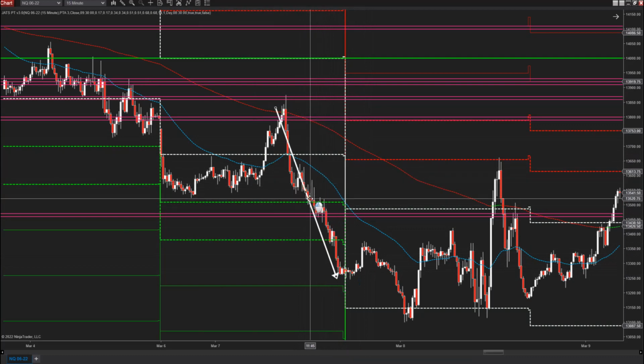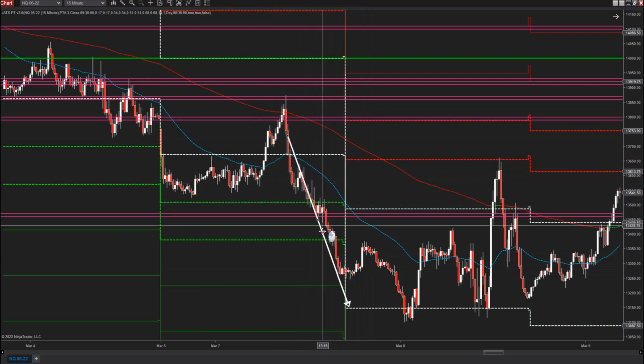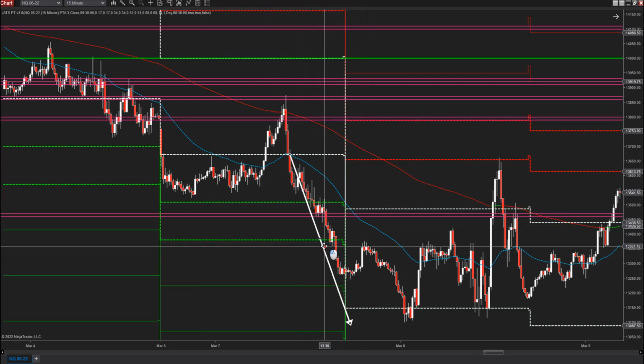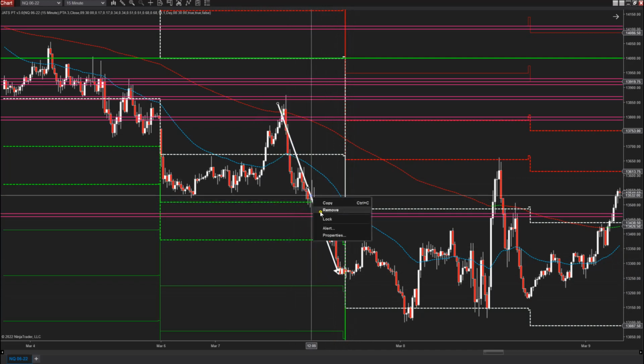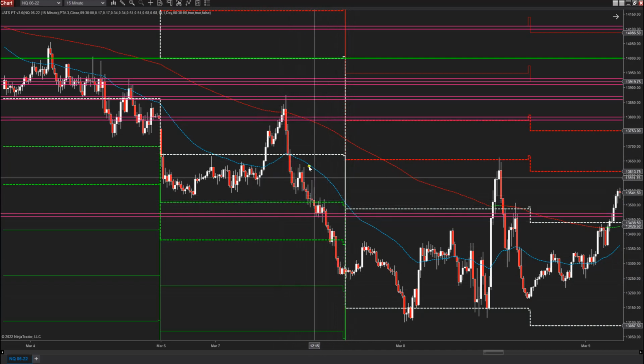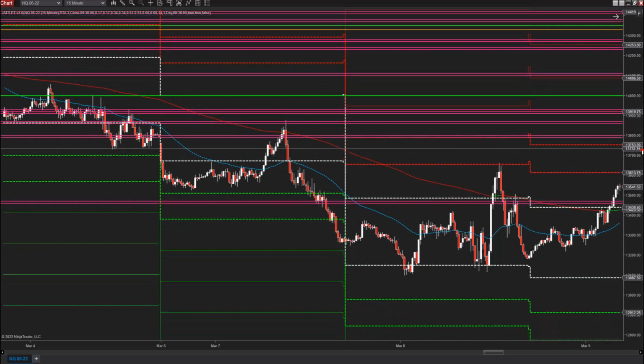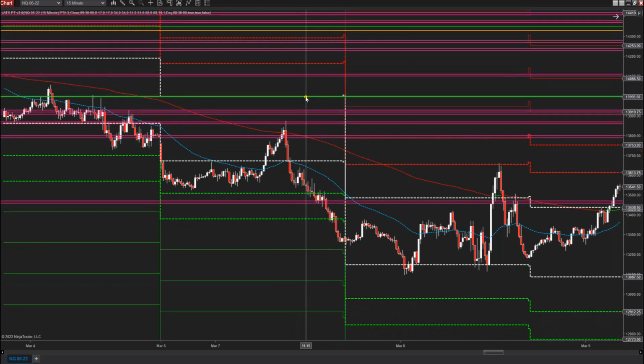So we bounced off the 200 through the 1, 2, and 3. So there was a 1, 2, 3, March 7th. The upper one is up here. It's hidden under the green line. So that was a really nice trade session right there.